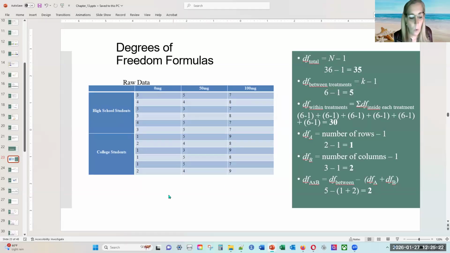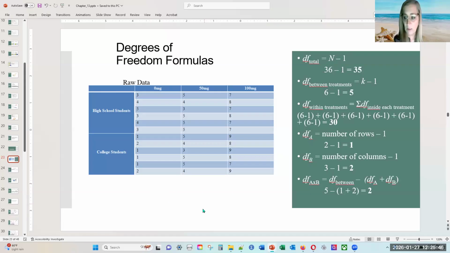So what if I had a factorial ANOVA that had 2 factors, and each factor had 3 conditions instead of a 2 by 3? Well, if I were to draw that out, maybe I added another condition down here, and then I could count 1, 2, 3, and I would find I had 9, right?